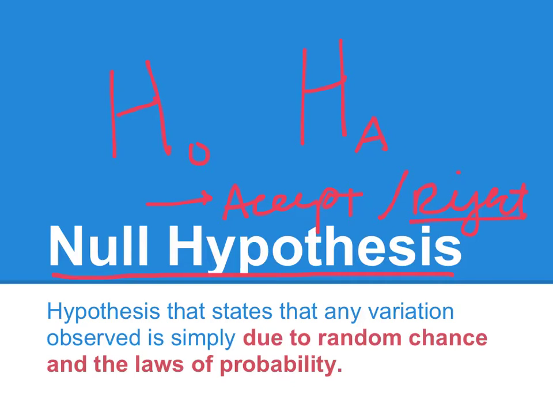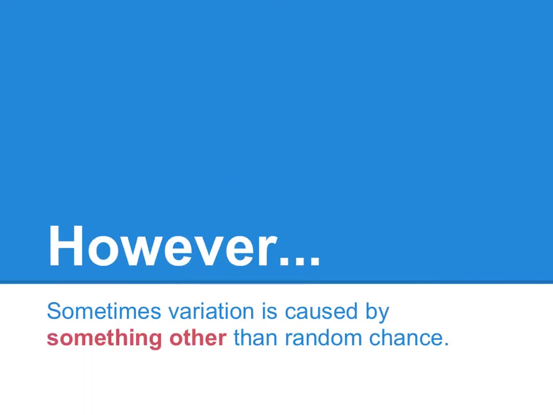But when we reject the null hypothesis, what we are concluding is that something other than random chance, probably an independent variable, is causing variation. It's causing something that cannot be explained simply by random chance. Sometimes variation is caused by something other than random chance. If that's the case, we will be rejecting the null hypothesis.